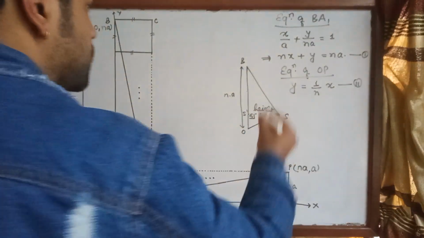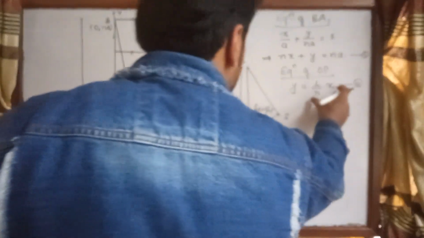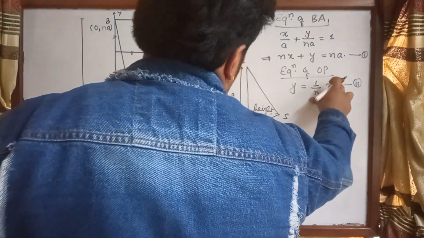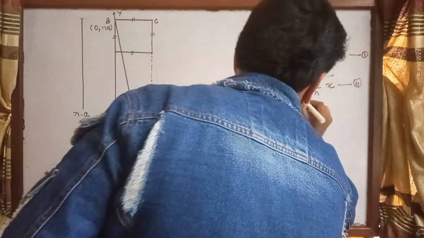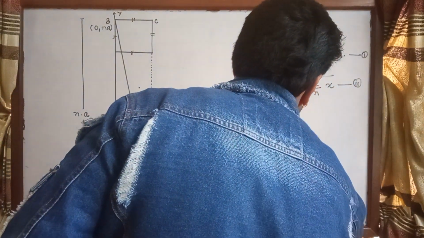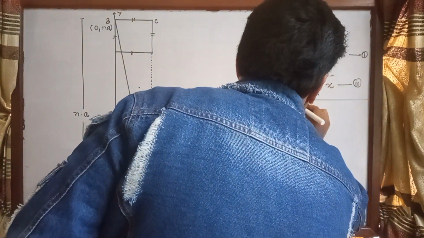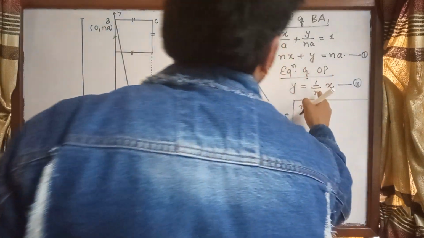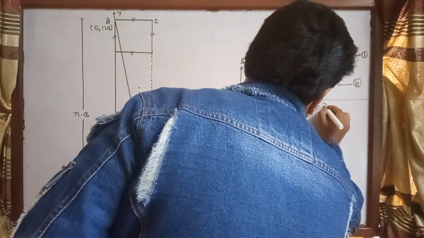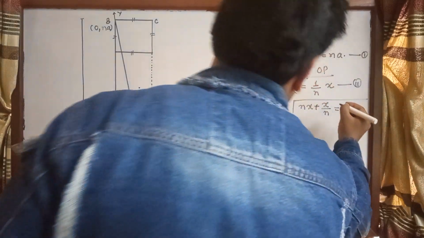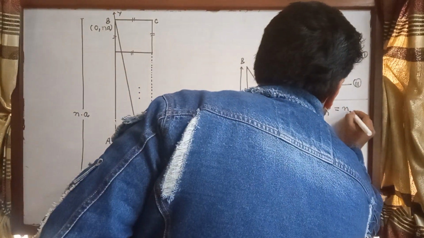If we substitute y equals 1 over n times x into equation 1, we get nx plus 1 over n times x equals n times a.